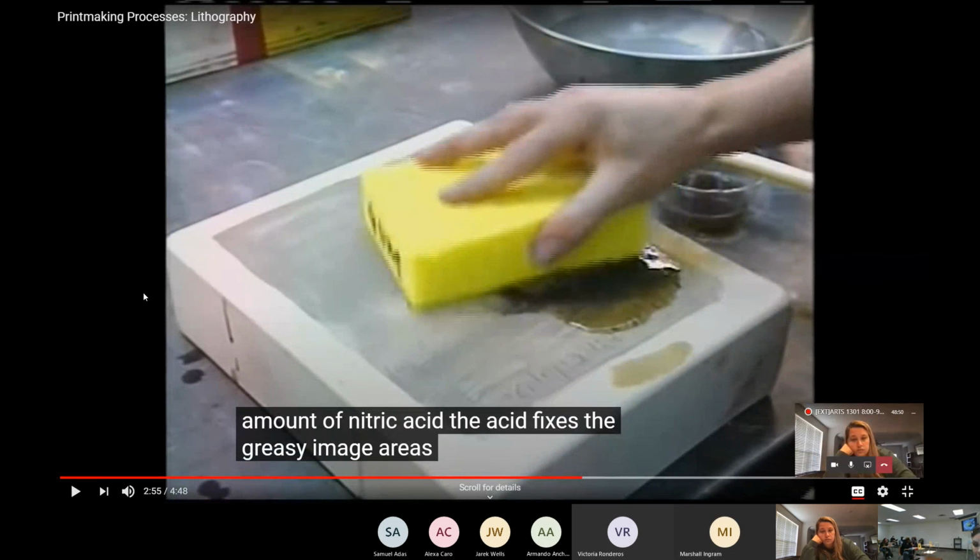So that's a gum arabic nitric acid mixture that he's applying. And the gum arabic and nitric acid is naturally attracted to the grease portions and it eats into the grease areas. So the more grease that you apply in those areas, the more it's going to eat into it.